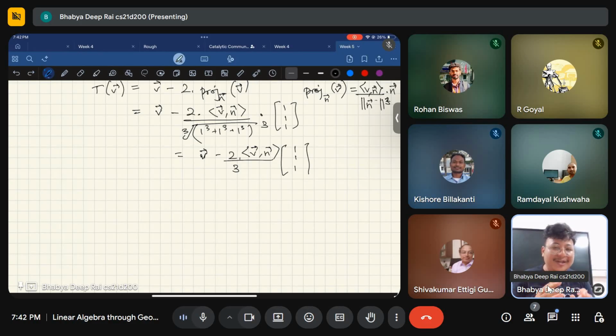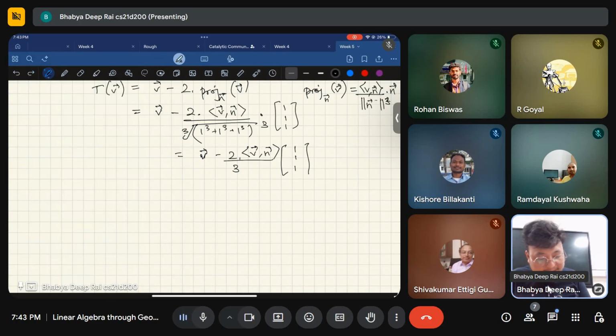This is the part where I think others are stuck, because now you want to find the matrix that does the transformation. So how do you find the matrix that does it?